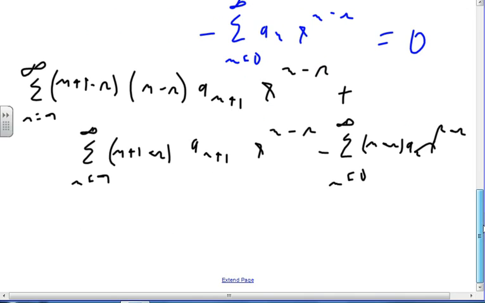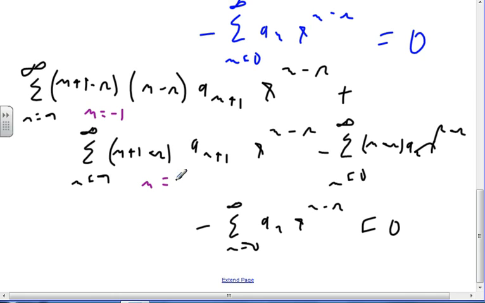Wow, that's really bad. Minus summation n equals 0 to infinity of a_n x to the n minus r is equal to 0. Okay, now I want to remove the n equals minus 1 term out of these summations, and then I'll make one giant summation starting at n equals 0. So that's the plan.